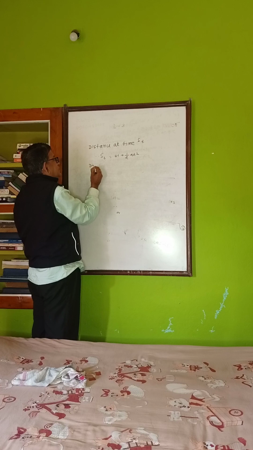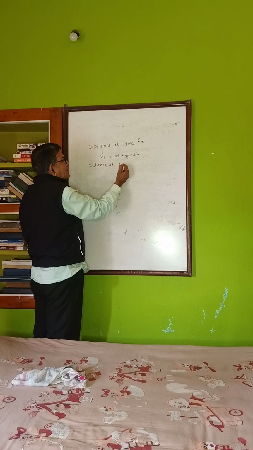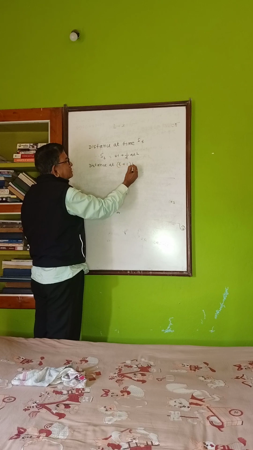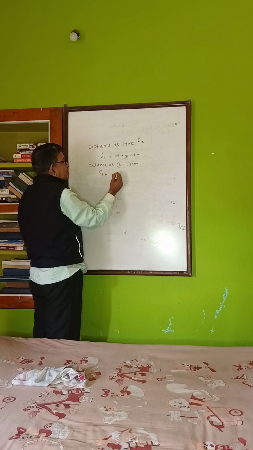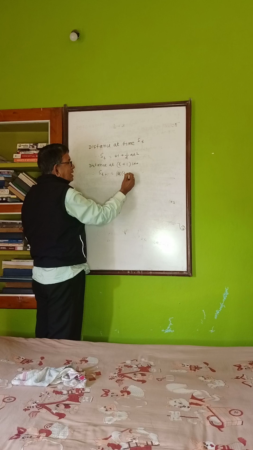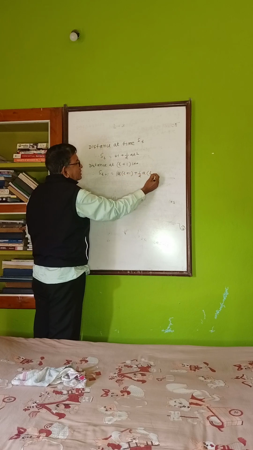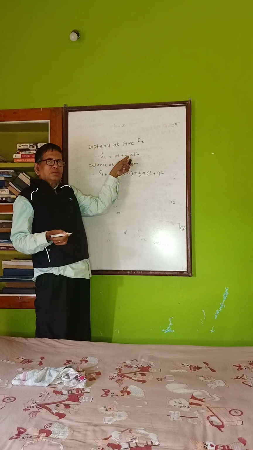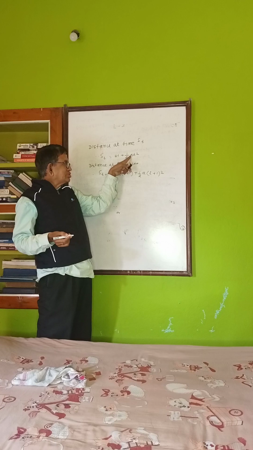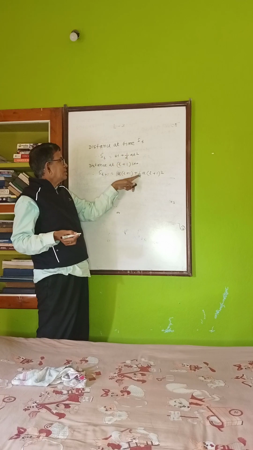Distance at t plus 1 second is given by s suffix t plus 1 equal to u(t plus 1) plus half a (t plus 1) whole square. In some books, instead of a, small letter f can be used to represent acceleration.